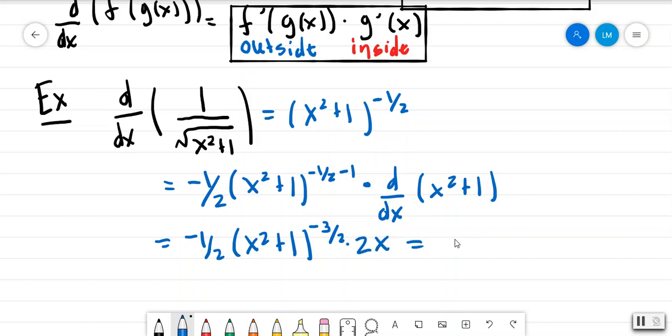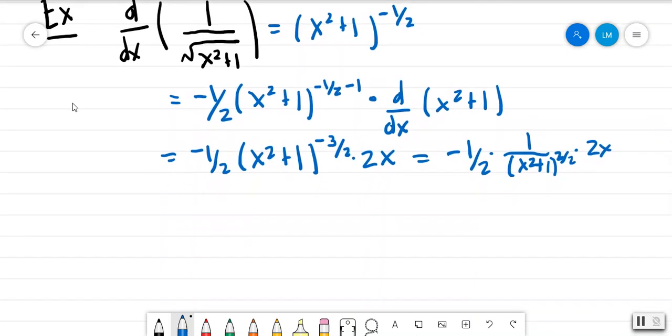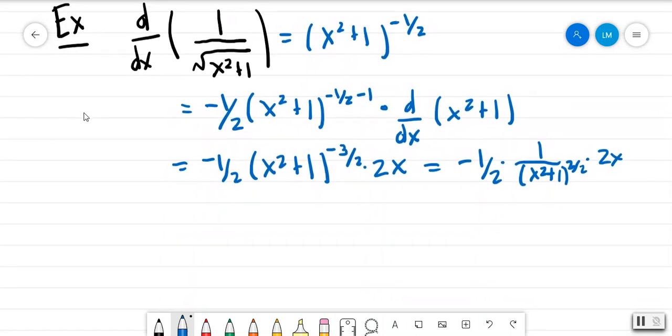So let's rewrite this as negative 1/2 multiplied by 1 over x squared plus 1 to the 3 halves, and all of this is multiplied by 2x. When you simplify this even further, you'll find that you get negative x divided by x squared plus 1 to the 3 halves.